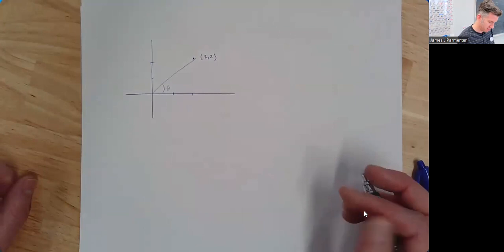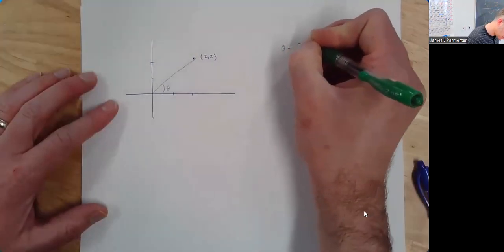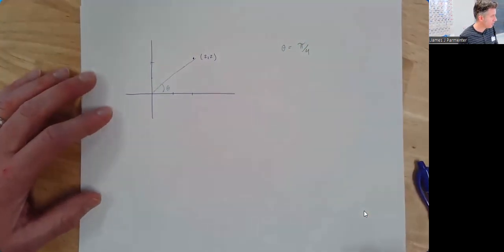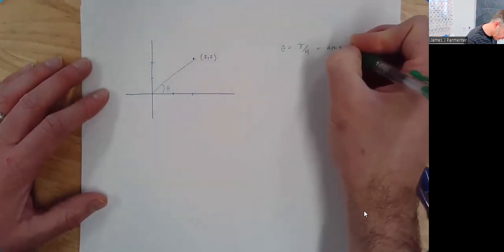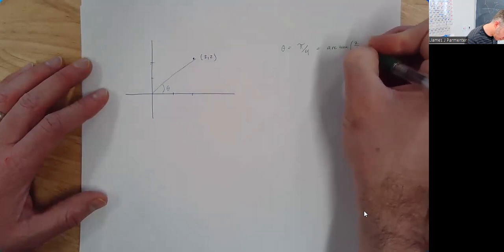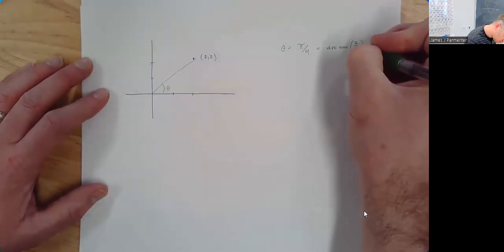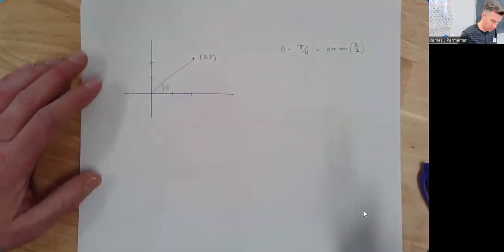Or in radians, pi over 4. Right, which we also could have found by doing the inverse tangent of 2 over 2, which is the arctangent of 1, which is pi over 4.